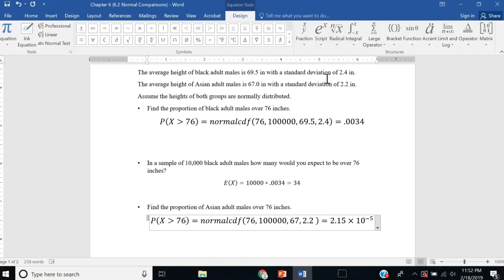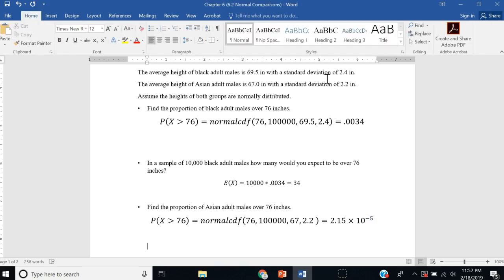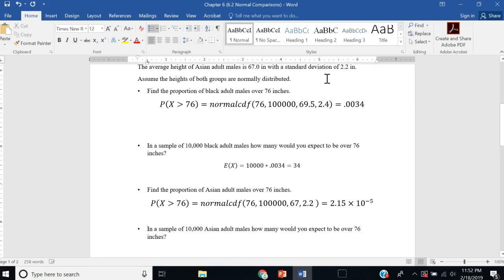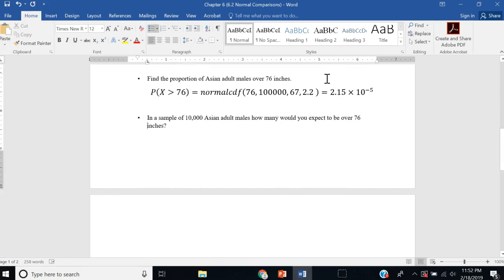Now, if you found an expected value of that, multiply that number by 10,000. So just on your calculators, put times 10,000. What you'll find is that if we had a sample of 10,000 Asian adult males, the expected value would be about 0.215.